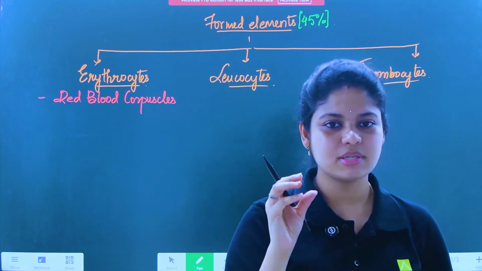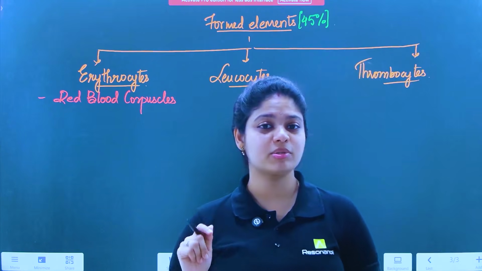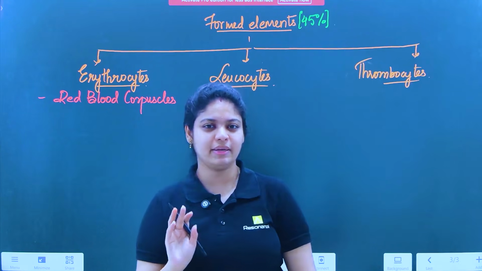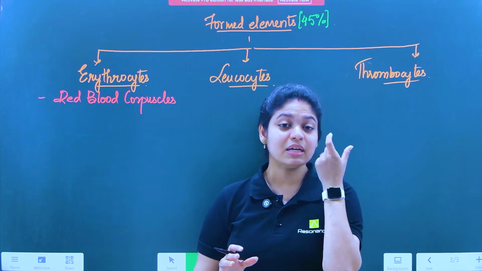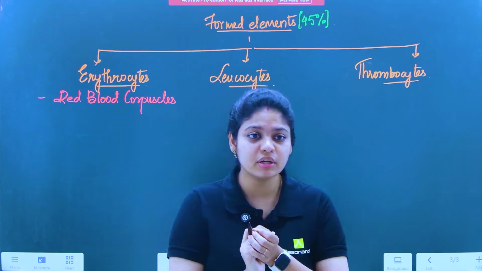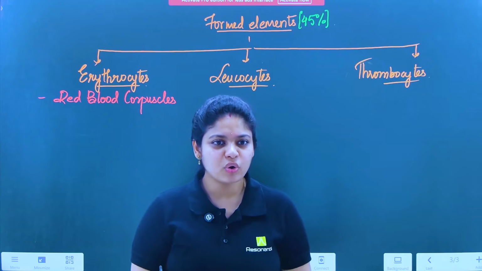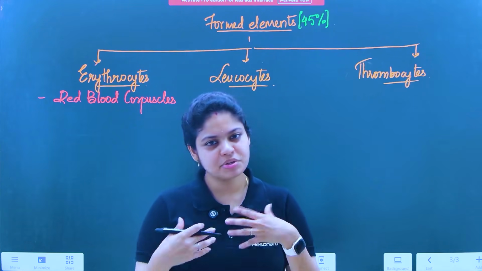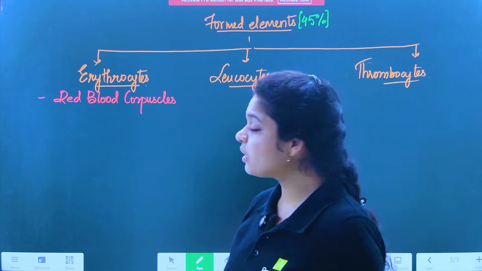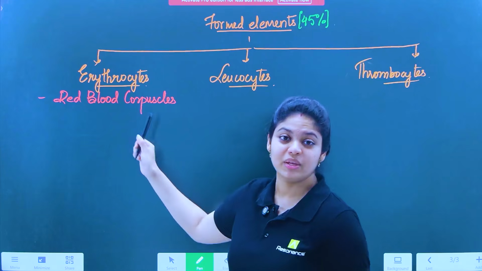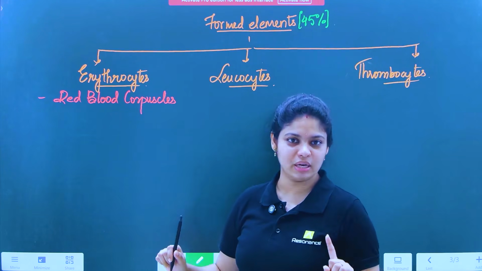When you talk about a cell, in botany we will be learning about the components of a cell. But for now, remember, a cell has cell organelles: nucleus, mitochondria, endoplasmic reticulum, all of these are there in a cell. But a corpuscle does not have cell organelles.